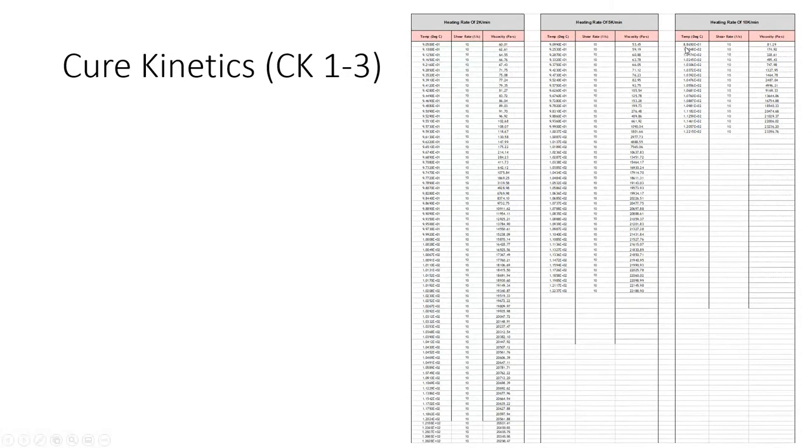Notice as the temperature rate increases, this is our 10K per minute, the data is much shortened. The material is heating up so fast that the viscosity creeps up from, in this case, around 80 all the way up to about 23,000 Pascal seconds very quickly, in just a few seconds.